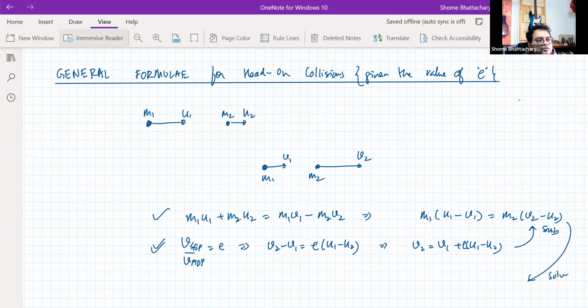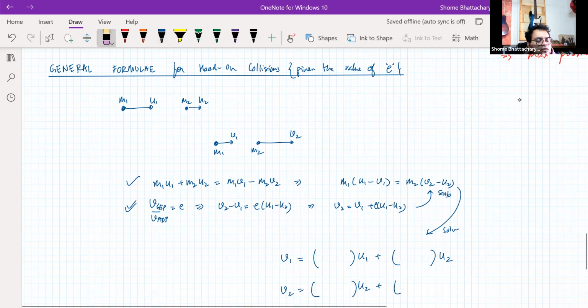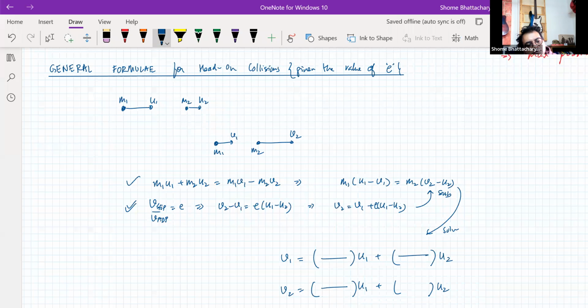So on solving, we get a general formula like this, and it's worthwhile to actually memorize these formulas so that you can use them directly in questions. So the way to remember the formula is that there are 4 coefficients involved, because each of the terms is a coefficient into U1 plus a coefficient into U2. So write this symmetrically. Now all the coefficients are expressed in a fractional form, and they have a common denominator of M1 plus M2.